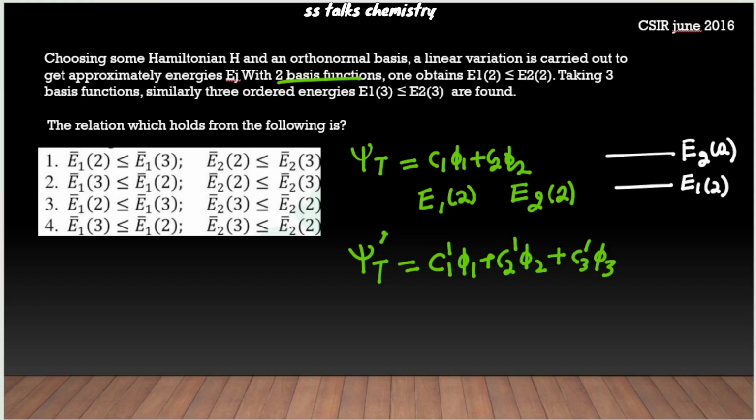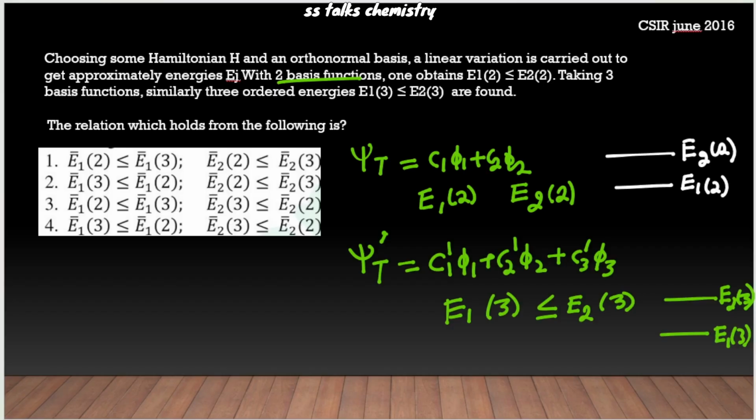Again the energies are calculated, and the first level energy with three basis functions is smaller than the second level energy with three basis functions. So the levels look like E1(3) and E2(3). Among these energies, we have to tell the relationships.